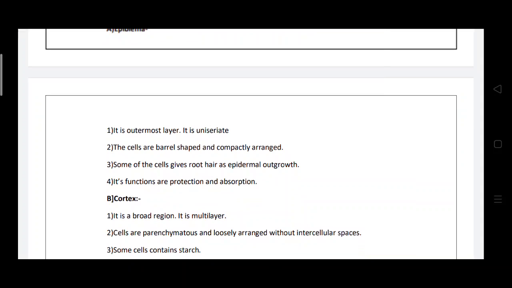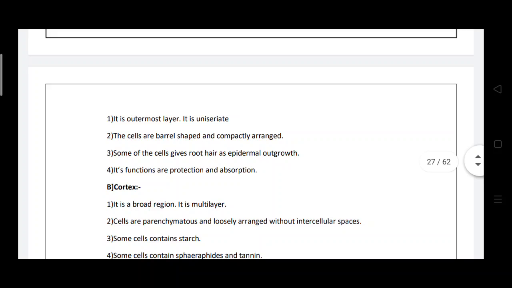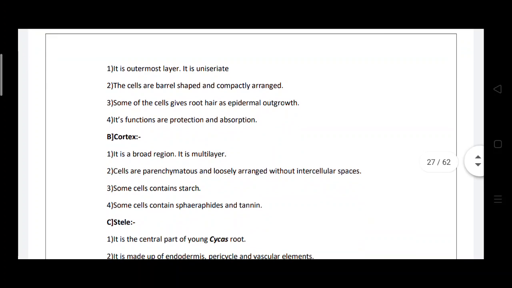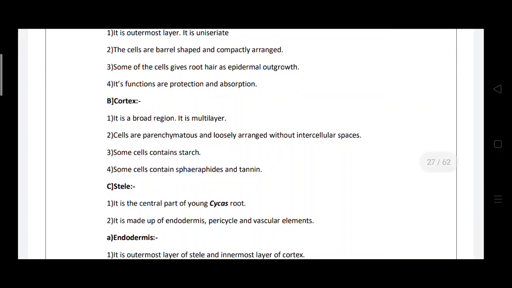Some epidermal outgrowths, the root hairs, are seen on this layer. The functions of the epiblema are protection as well as absorption of water as well as minerals.